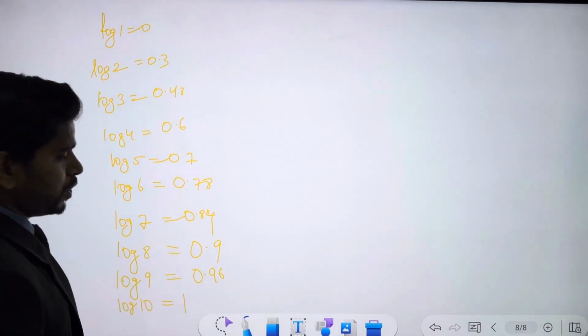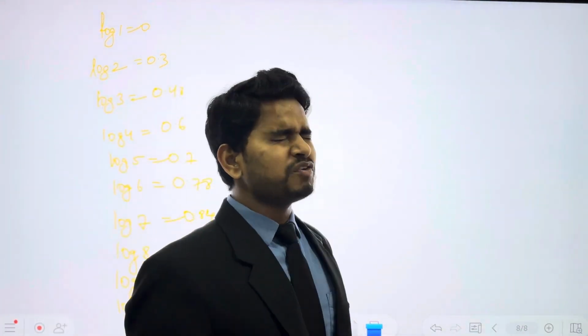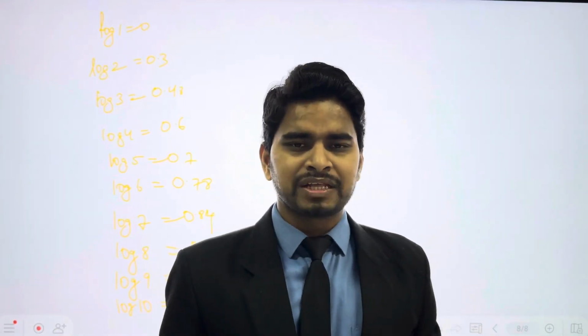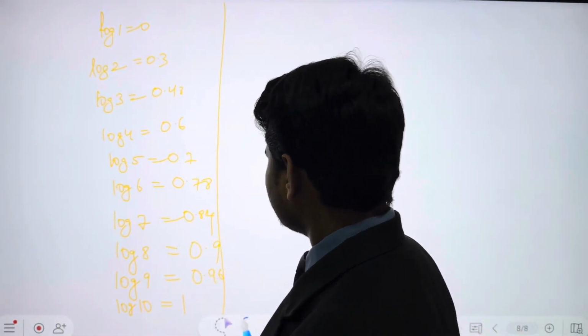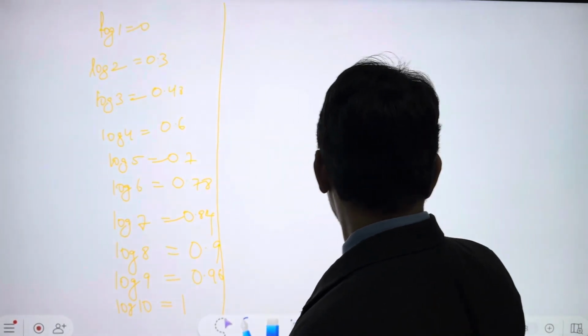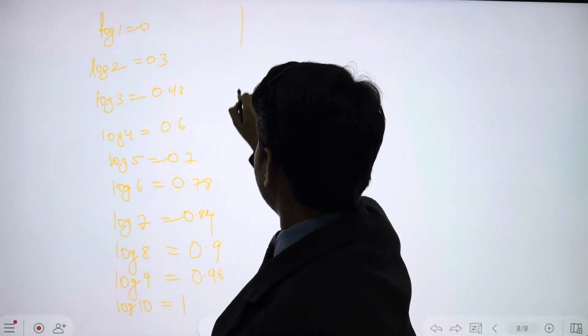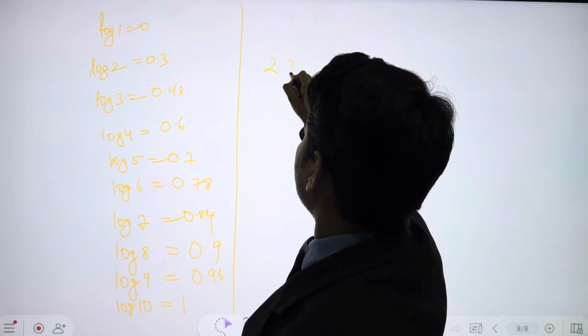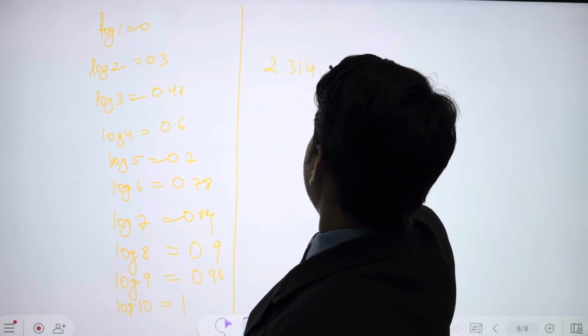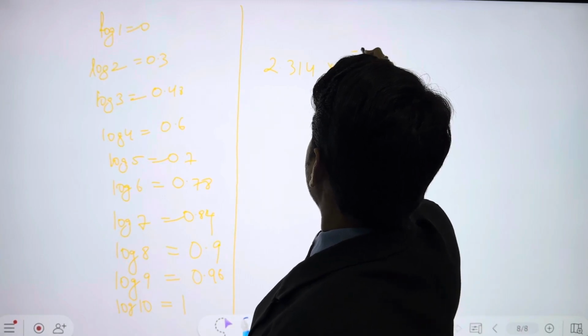Now these are the values of log. So you have to find the log value of any standard number. A standard number basically means you will be given a number like x point something, for example 2.312314 into 10 to the power something.